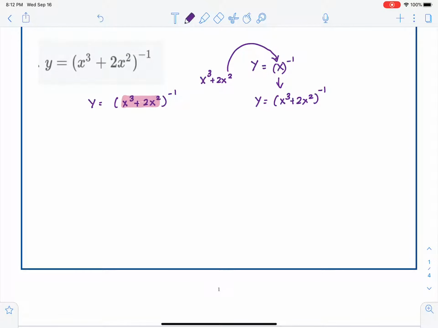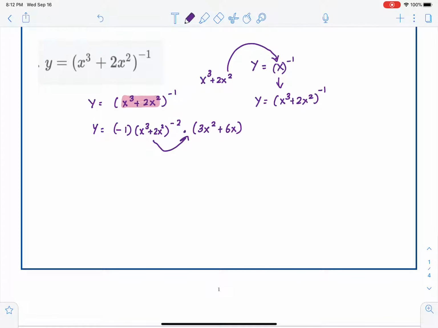So if the shaded part were to be just x, the derivative would be minus 1 multiplied by x raised to negative 2. But since we have the shaded part instead of x, we have x cubed plus 2x squared raised to minus 2, multiplied by the derivative of the term inside, which would be 3x squared plus 6x.